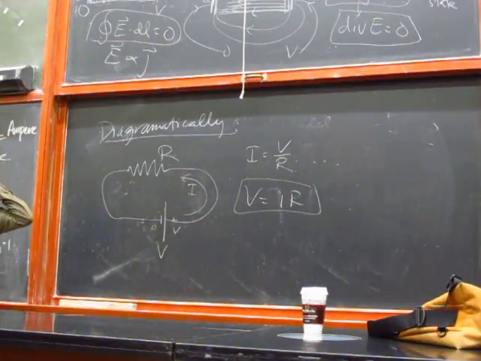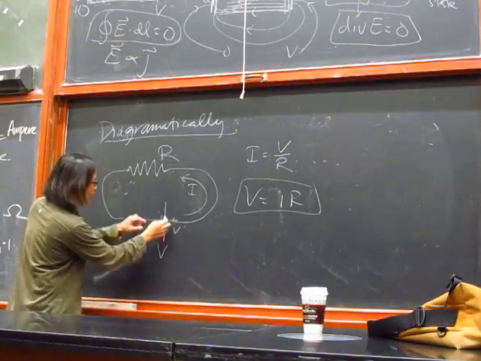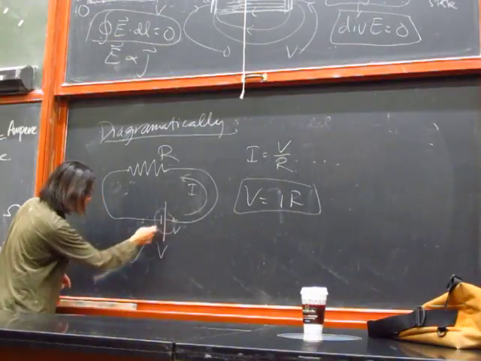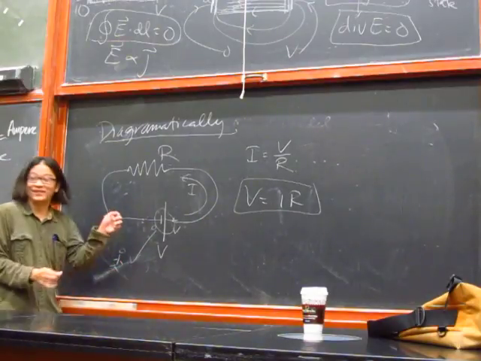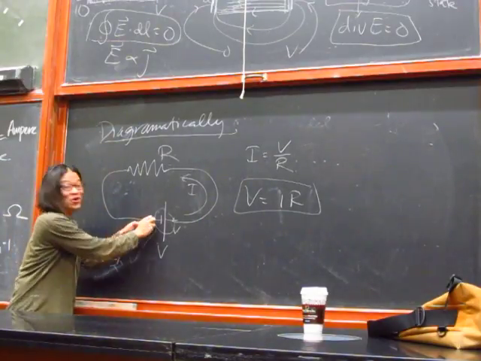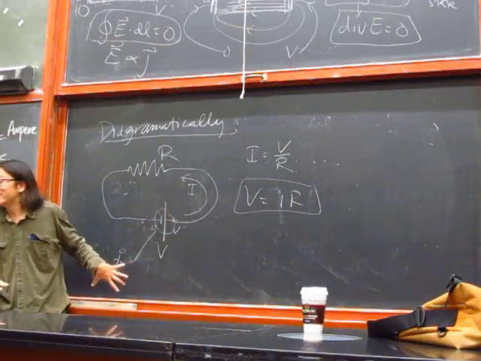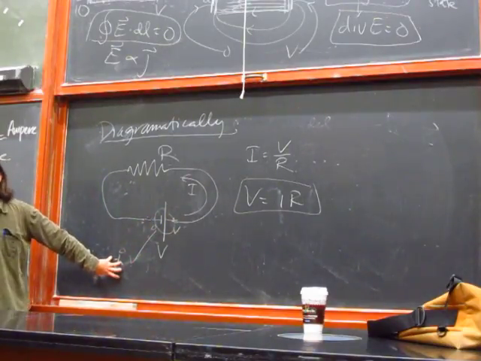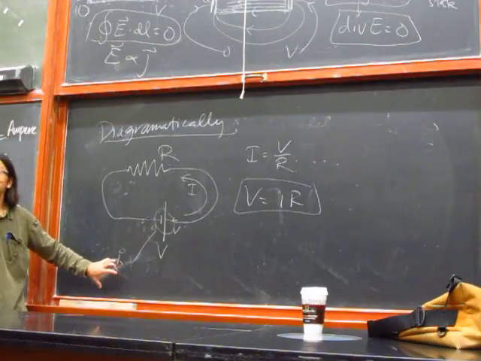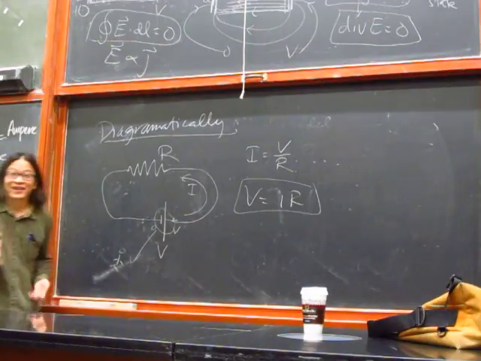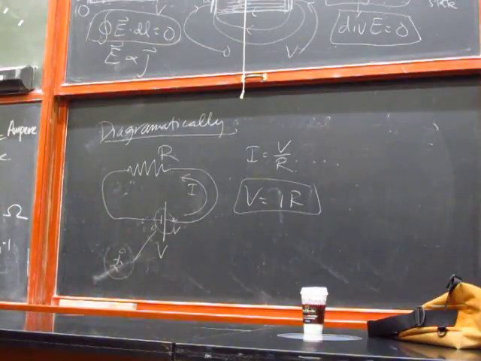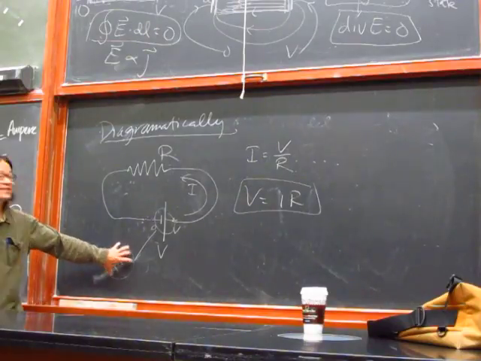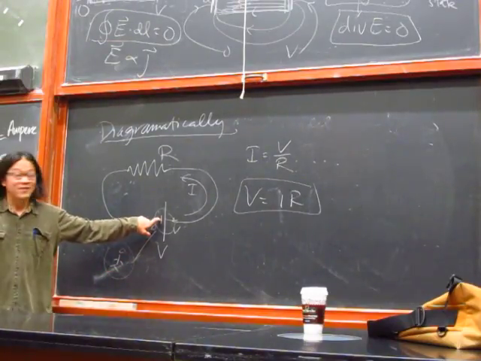If charge is moving from low to high potential, the current is going from high to low. So what happens inside the battery is the magic. Inside the battery, there's a little demon that moves charges from 0 to V, and then they flow around. As far as we're concerned right now, there is the little demon. I'm not worried about the mechanism yet, because we don't have the conceptual understanding of a battery and electromotive force for a while. So think of a demon that can move positive charges.